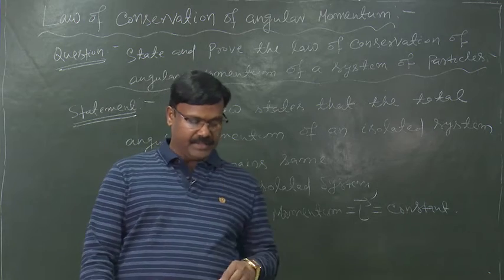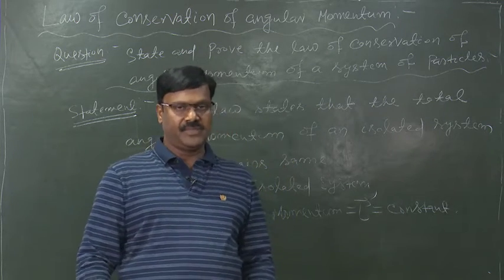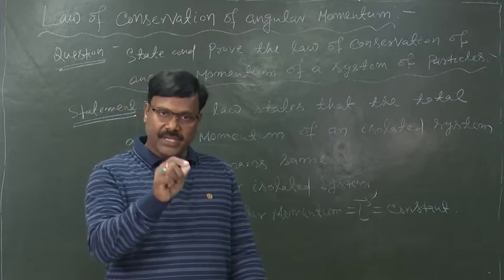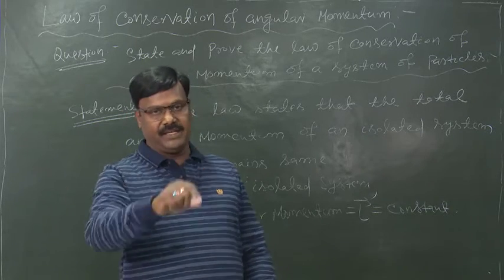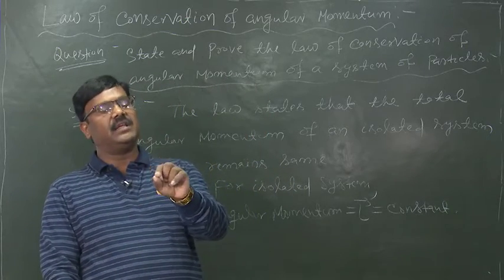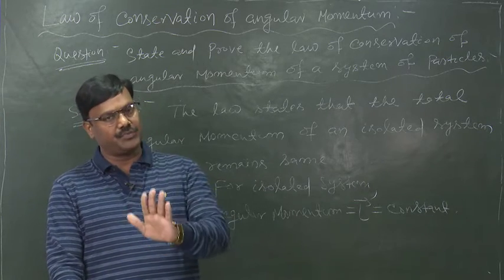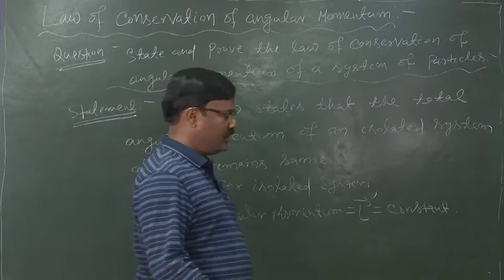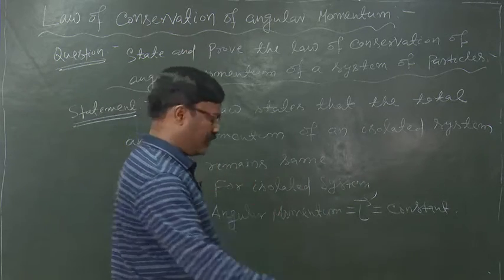Now, if with respect to an arbitrarily chosen origin, Ri vector is the position vector of the ith particle and Pi vector is the momentum of the ith particle, then the angular momentum of the ith particle can be expressed as the cross product of Ri vector cross Pi vector, which we have discussed in our previous class.